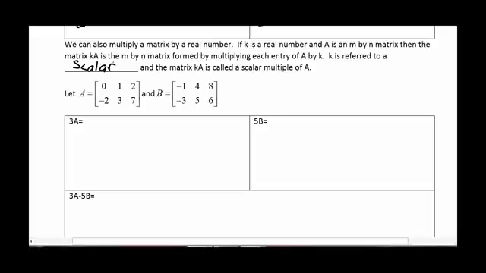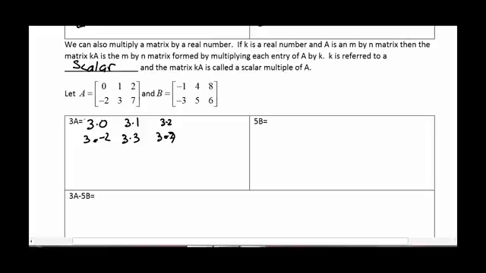In other words, I can multiply a matrix by a constant, by a number, and literally I just go in and multiply each position by that number. Obviously I have to come back and simplify all of this.